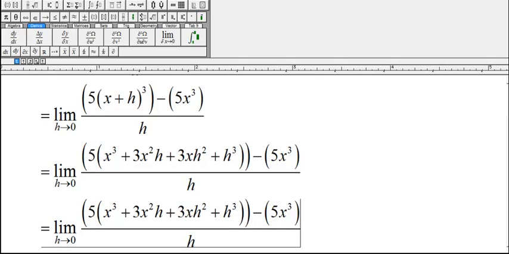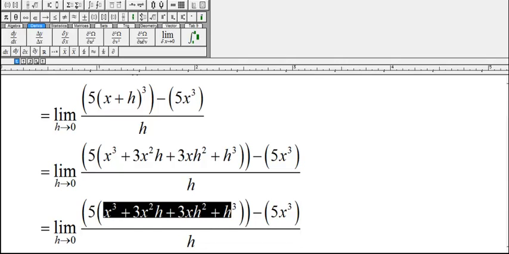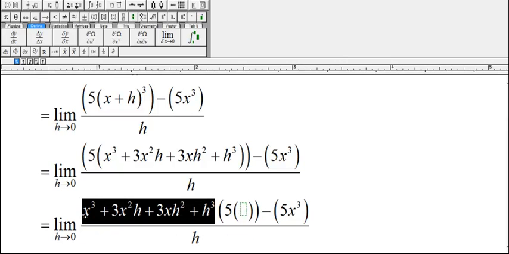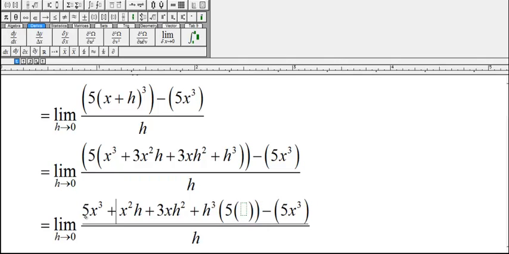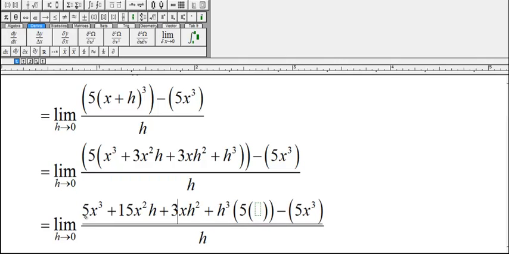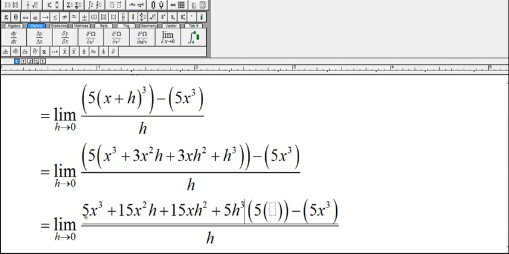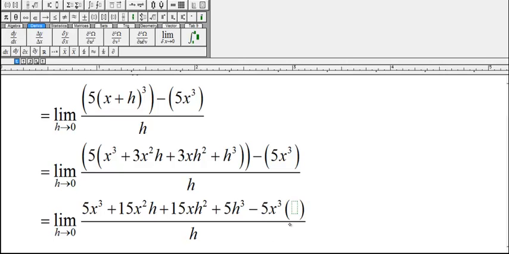Alright, so what do we get here? Now we take this right here and we're going to distribute the 5, so we multiply each term by 5. So this is 5x cubed plus 15x squared h plus 15xh squared plus 5h cubed. And the last one we just multiply by the -1 and we get negative 5x cubed.